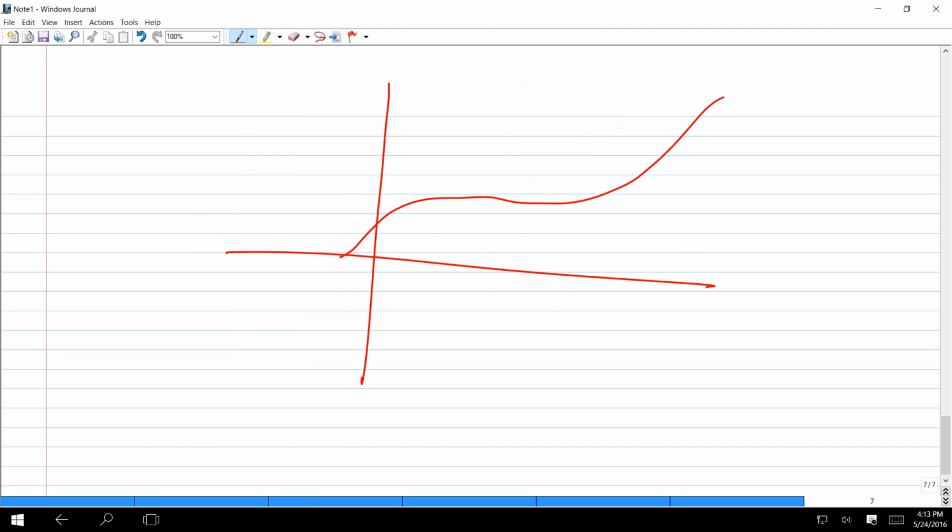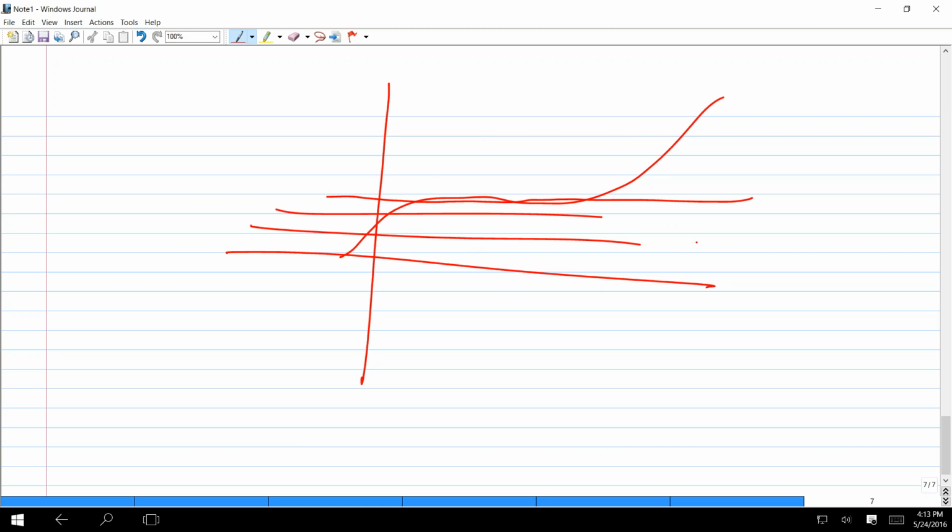Or excuse me, the other way around. For something to be a function, it has to pass the vertical line test. For something to be a 1 to 1 function, it has to pass not only the vertical line test, but the horizontal line test. In other words, can I draw a horizontal line and only intersect the function in one spot?